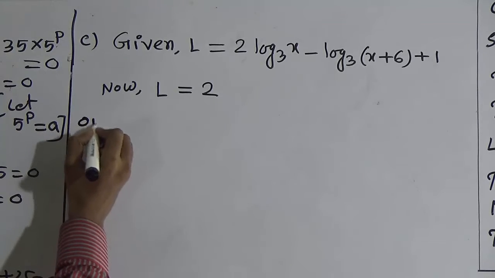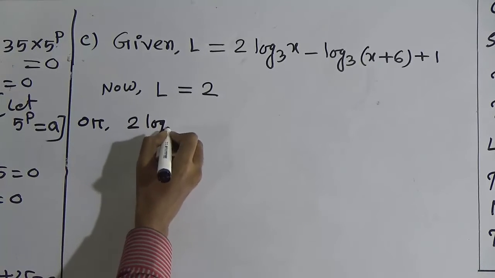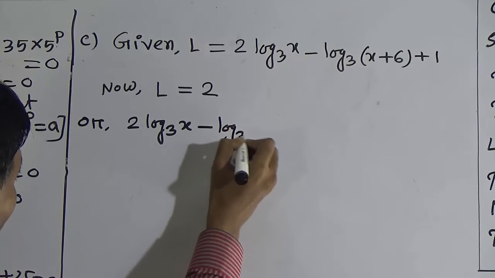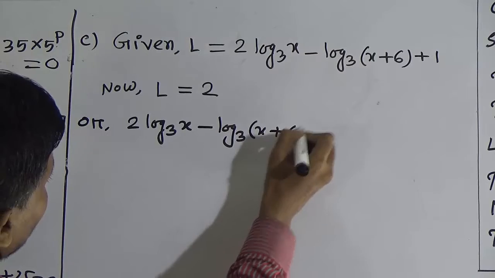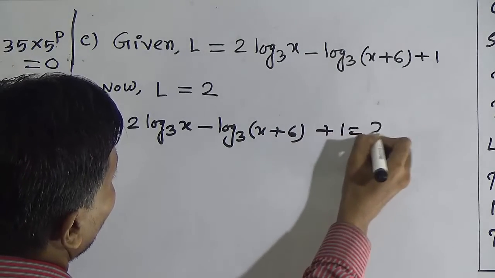Now you can write L equal to 2 log base 3 of x minus log base 3 of (x plus 6) plus 1 equal to 2.